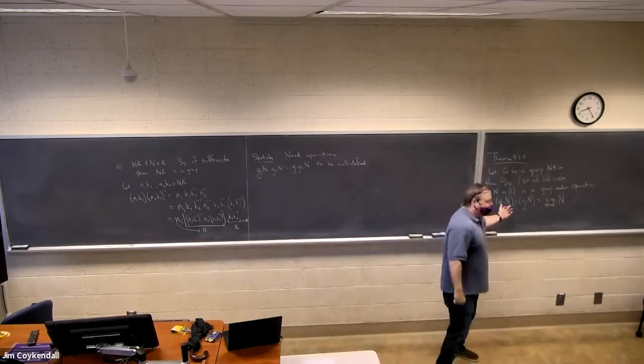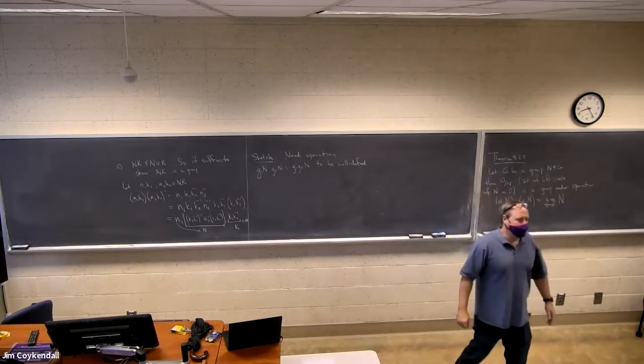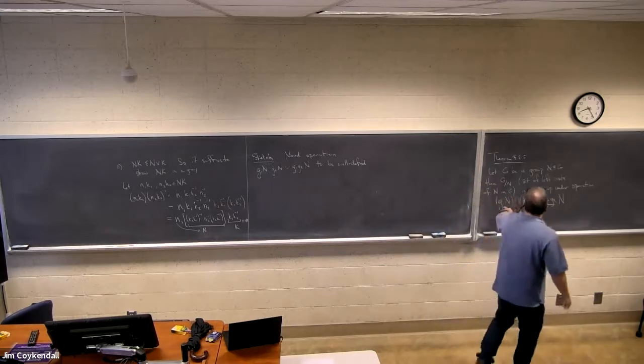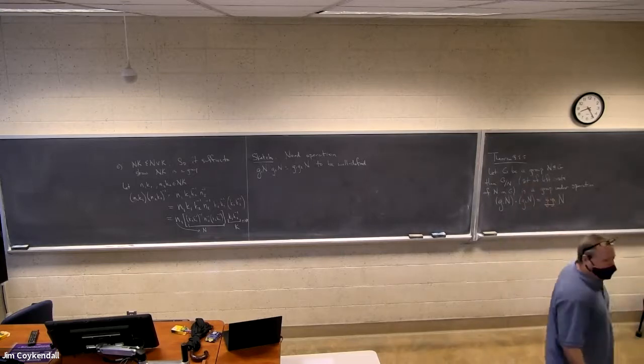Because remember, what we're talking about is cosets. And cosets usually have many representatives. So if I pick g1 and g2, those are my representatives that I elect for those cosets.